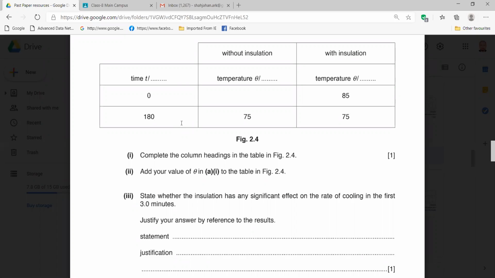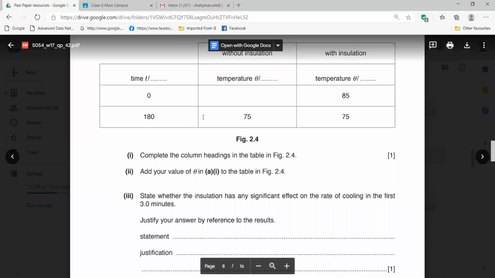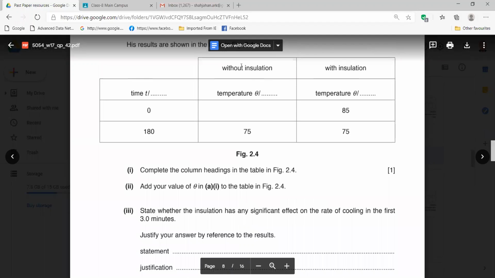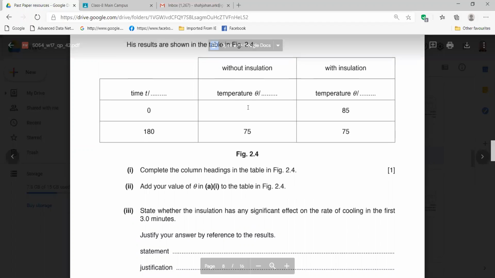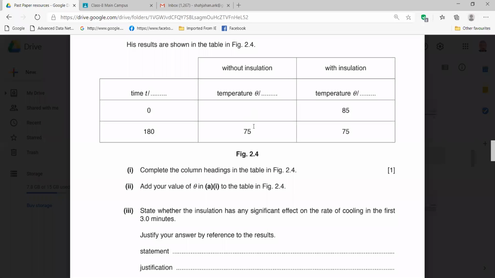You got the answer, Anmol? I didn't get the question. Okay. Here you got this reading without insulation: 88, then 75.